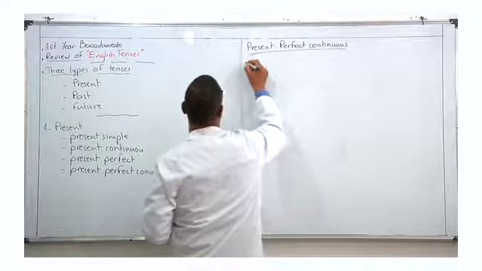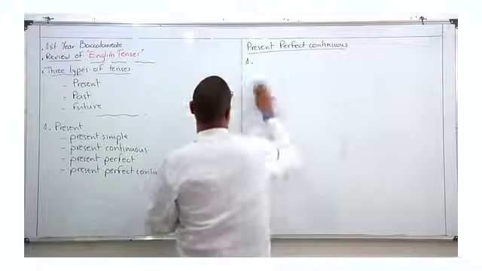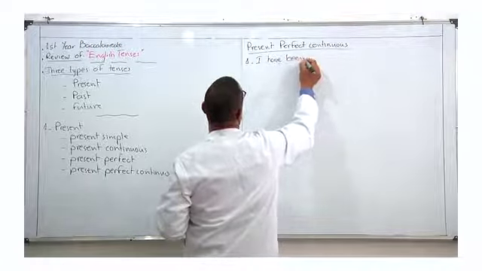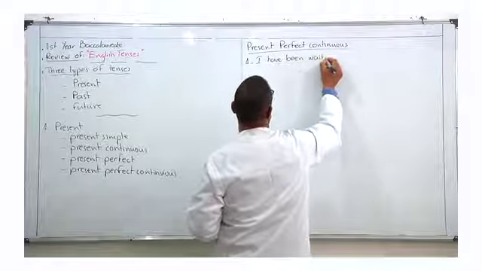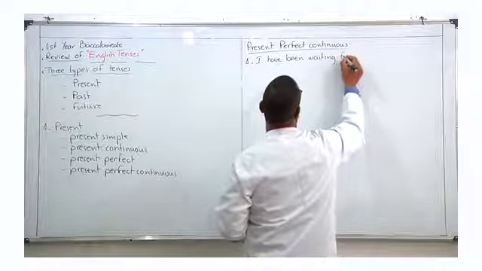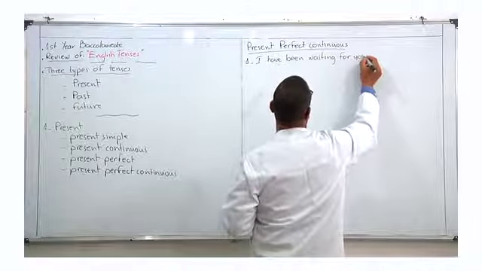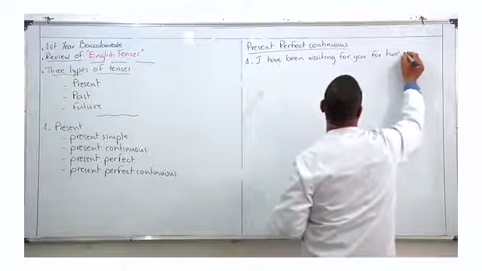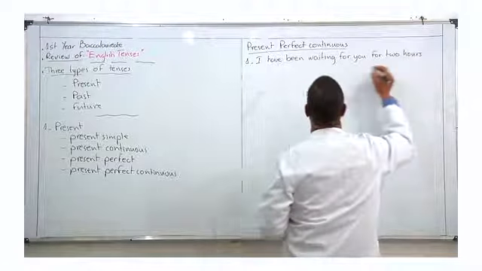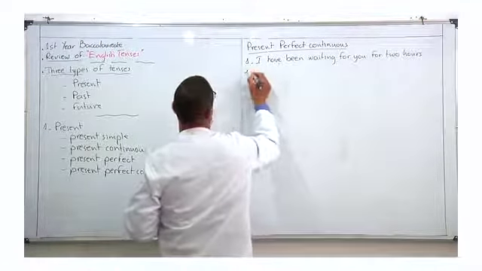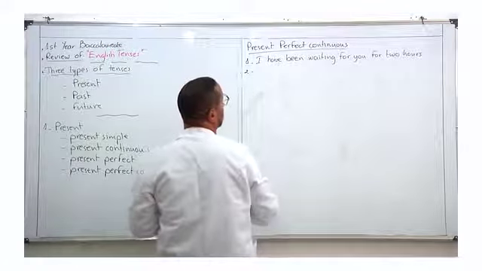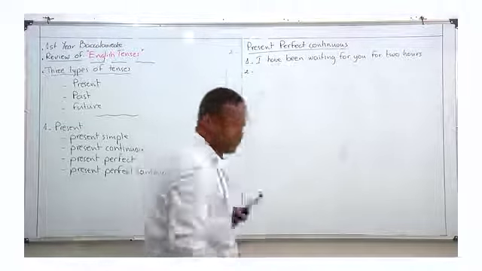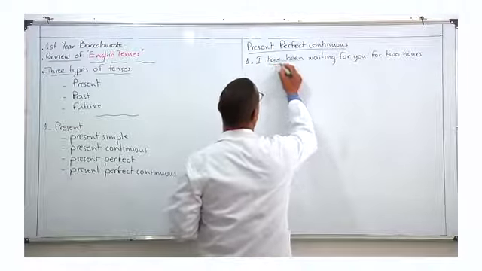As you will see in these examples, I have been waiting for you for 2 hours. So I have been waiting for you for 2 hours.